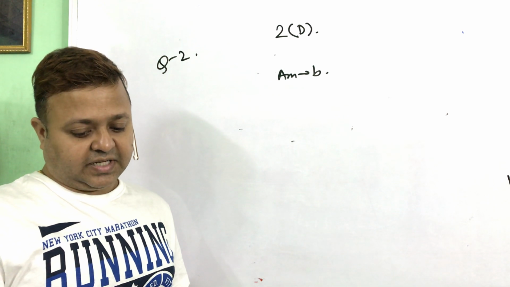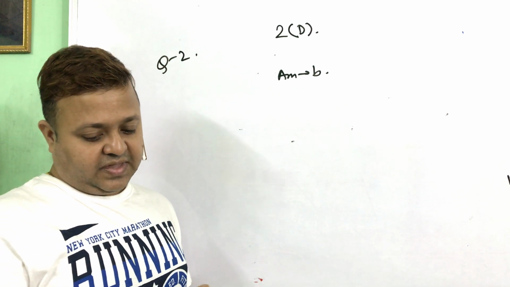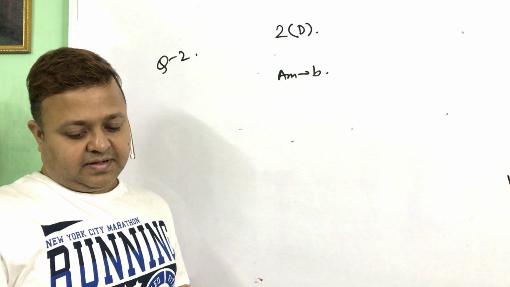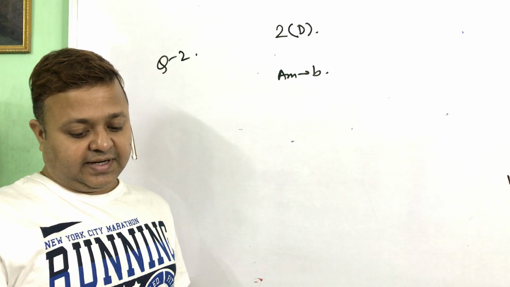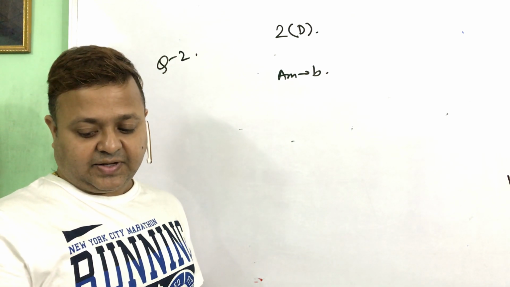Number 3. Displacement time graph is shown in the figure. What is the corresponding distance time graph? The displacement time graph is given for this.